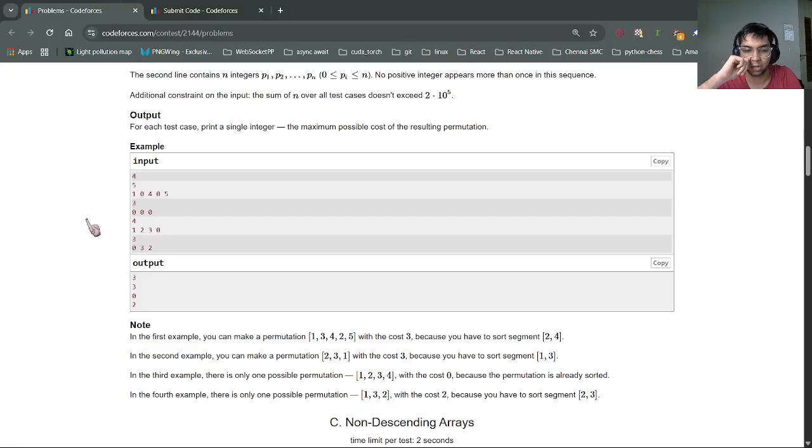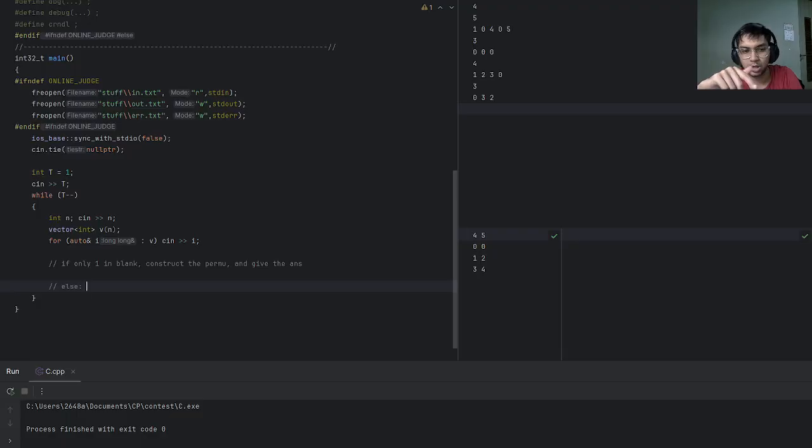So if there is nothing like that, if there are more than one blanks, then we will calculate. I mean, even in that, we have to calculate incorrect combination. That's what we have to do.